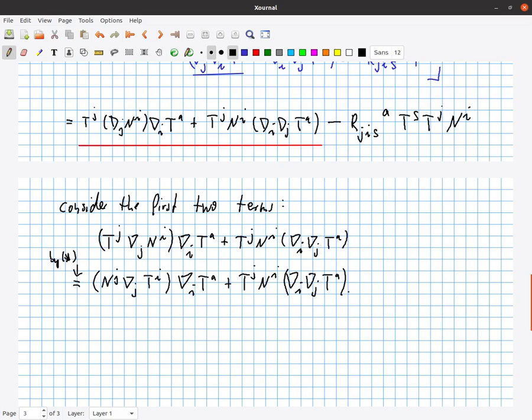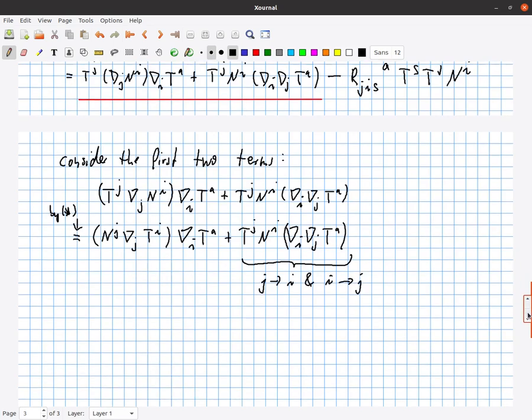I'm now doing a little renaming here of indices. You see in this term the only free index is a, but we have summations over j and i. So I can rename j to i and i to j.